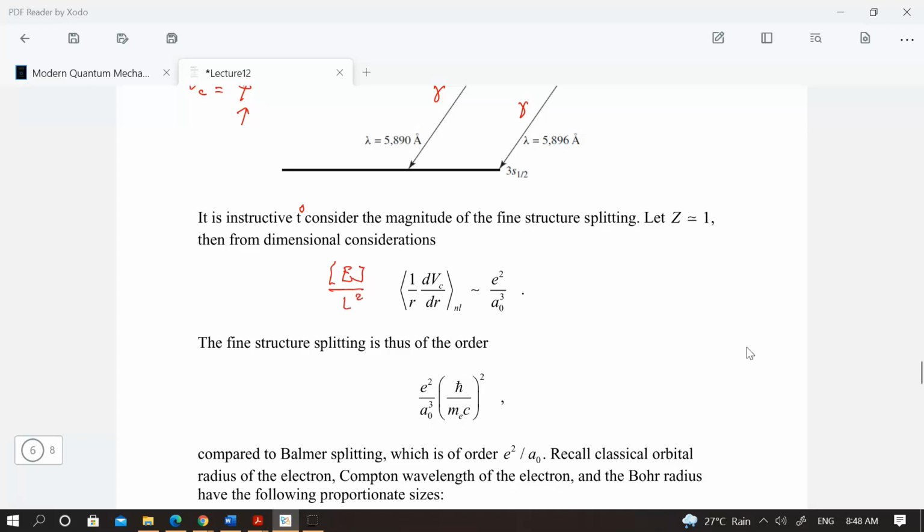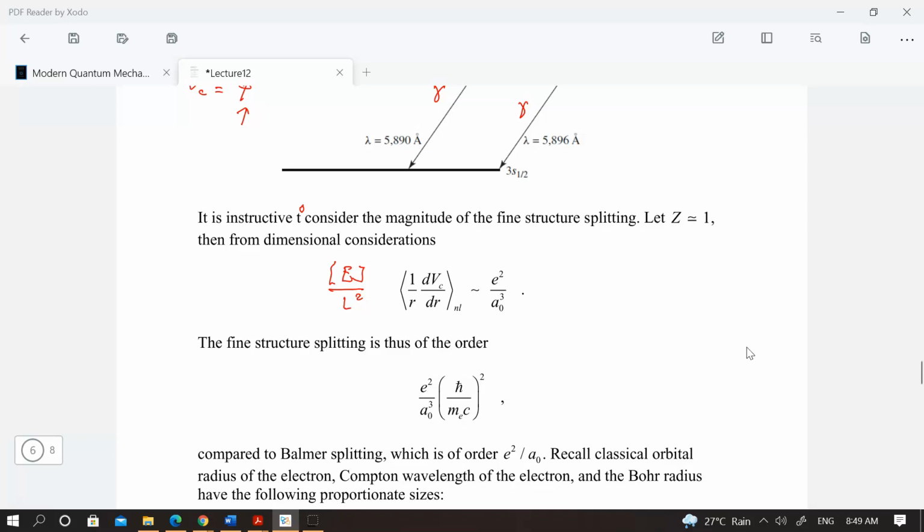Okay, and just from pure dimensional consideration, a combination of some factors, which you know will be there inside your atomic kind of physics.